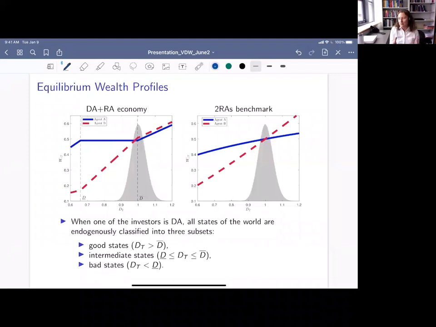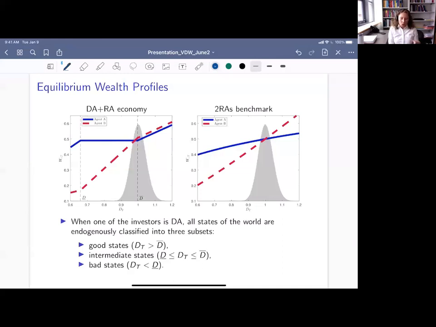Here the disappointment averse investor has to accept disappointing outcomes, because these are very expensive states to insure against. And in good states, to the right of the graph, where the dividend is above 1, the risk-averse agent attains a relatively higher final wealth in return for providing insurance to the disappointment-averse agent.